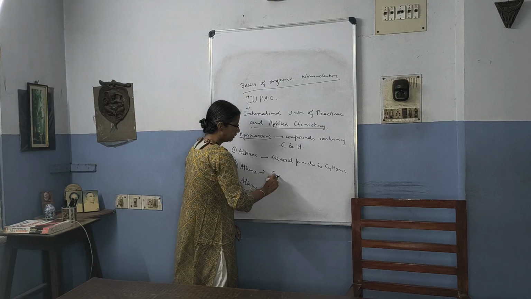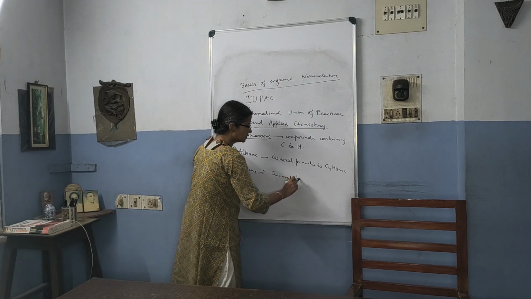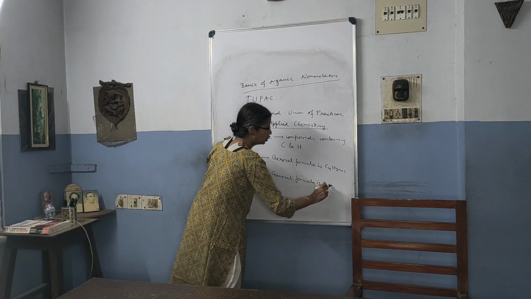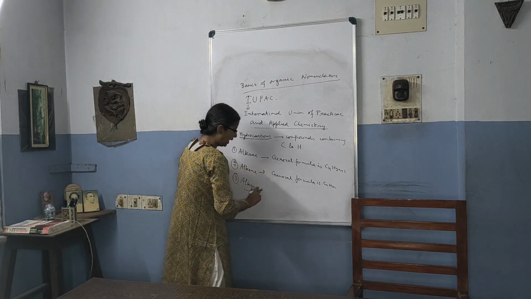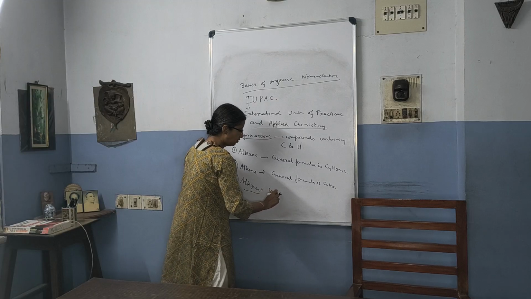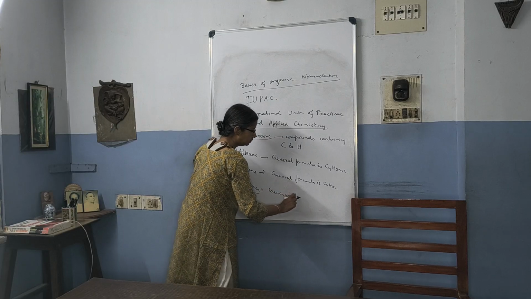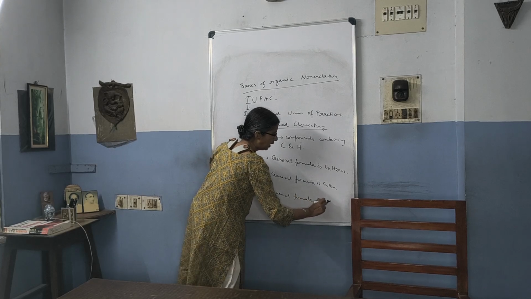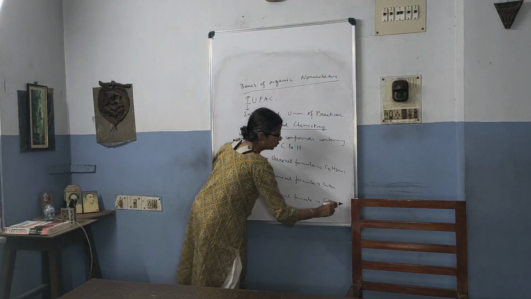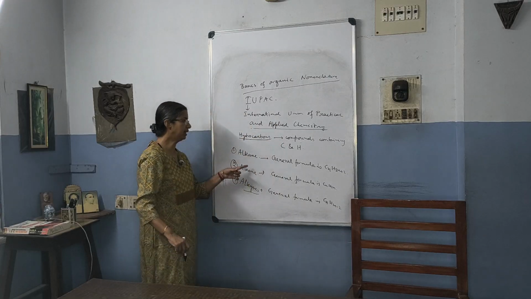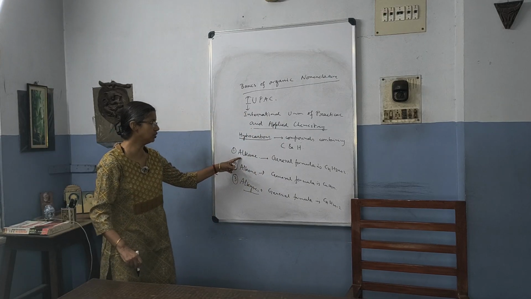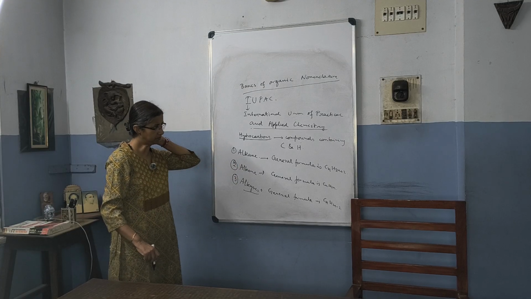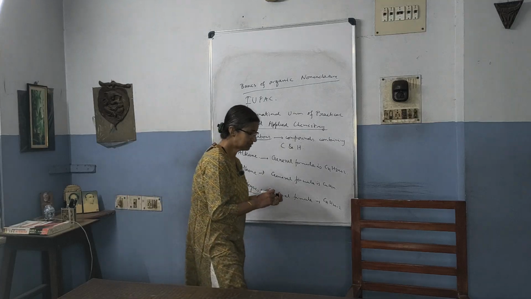Alkene, general formula is CnH2n, and alkyne, the general formula is CnH2n minus 2. Now we will explain in detail how the alkane naming goes, and how alkene and how alkyne. Let me go to the next.